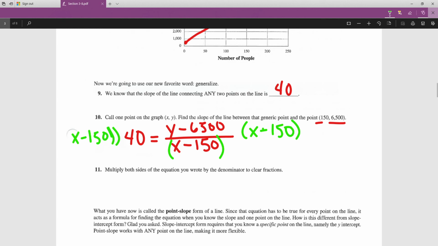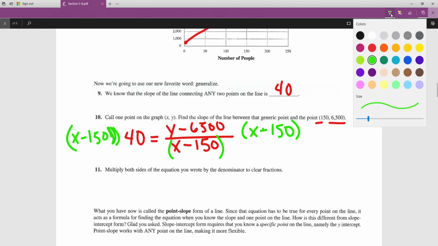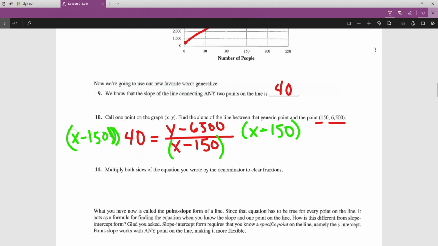Oops, I already wrote the parenthesis over there. There you go, double parenthesis. That's going to clear the fractions on the right side, and it's going to leave us with this general looking formula, where we have 40 times x minus 150 is equal to y minus 6500.